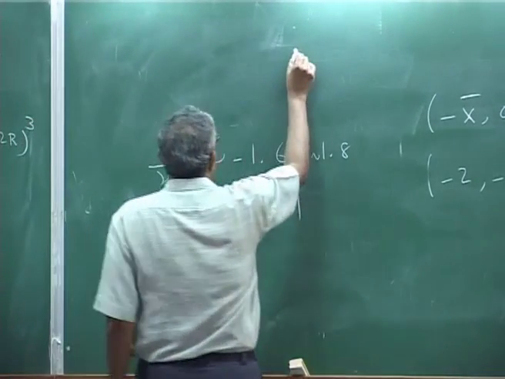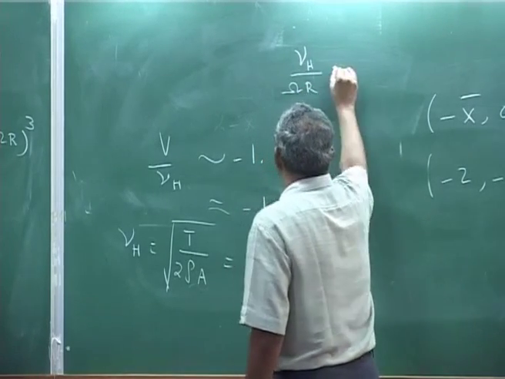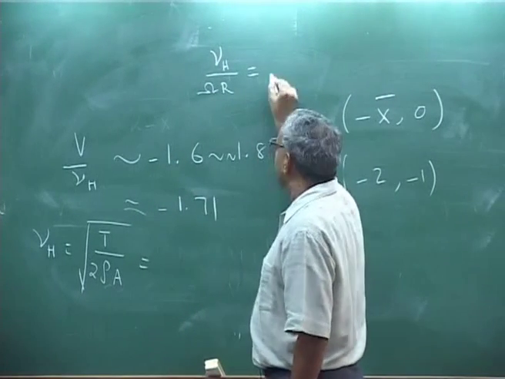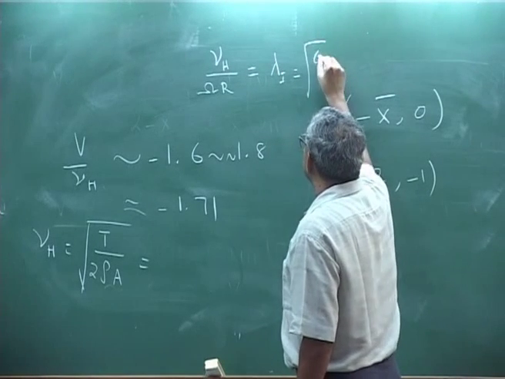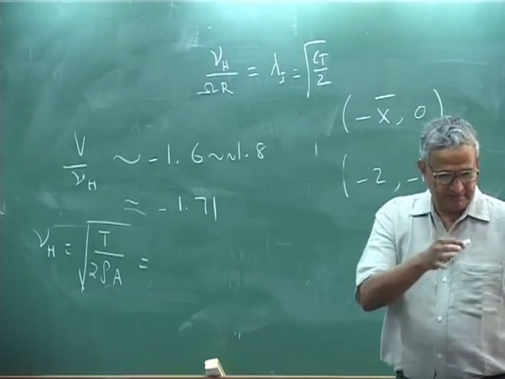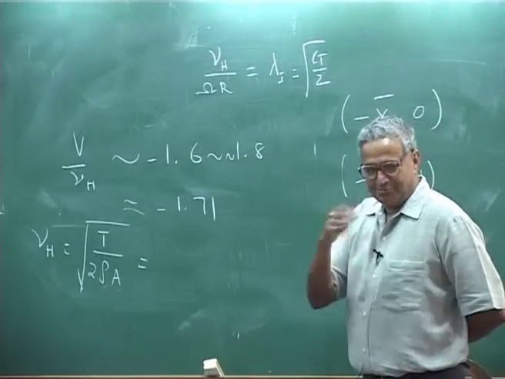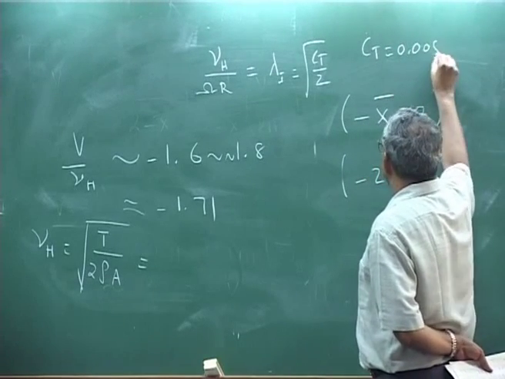What is lambda? Nu h over omega r is lambda I, which is square root of, right, and if you take C t, most of the rotors you can take it approximately C t as 0.005.